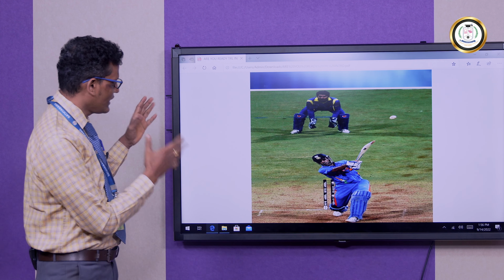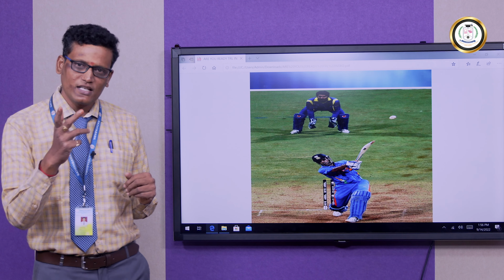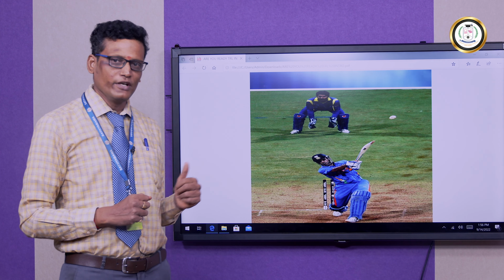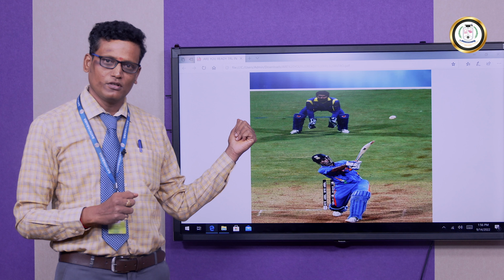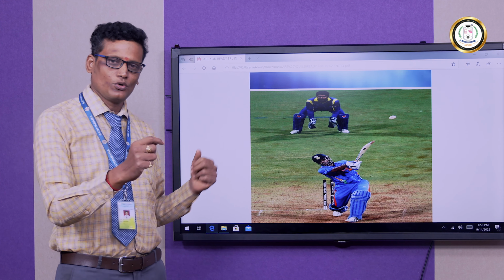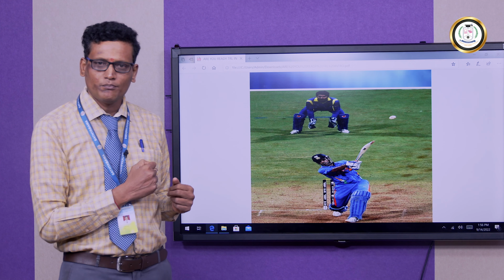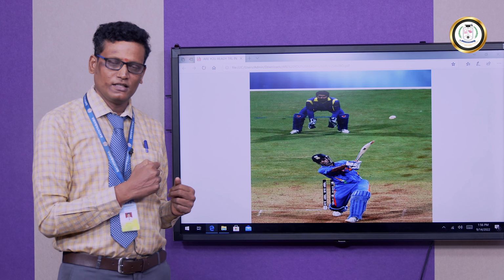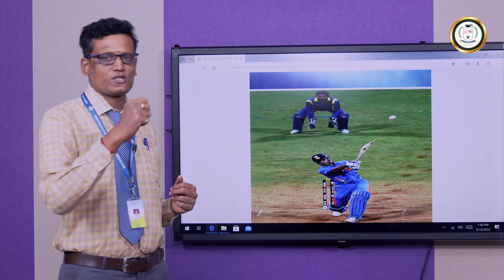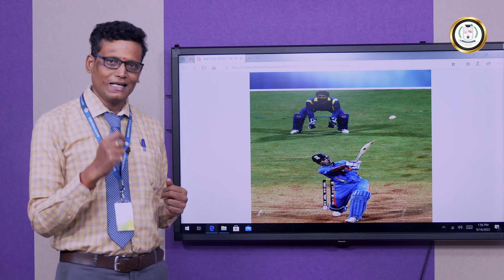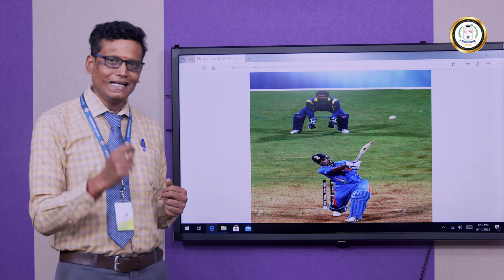Suppose the same picture is taken to explain leadership qualities. We know what happened in this World Cup match. Mr. Dhoni promoted himself in the batting order, and this is a sign of good leadership skills. The leader leading from the front.